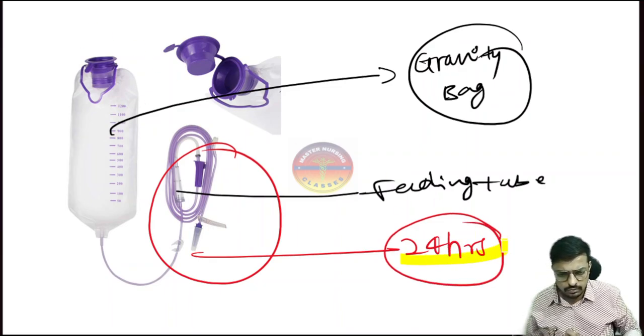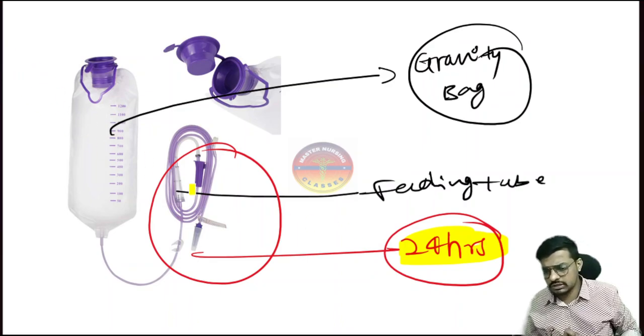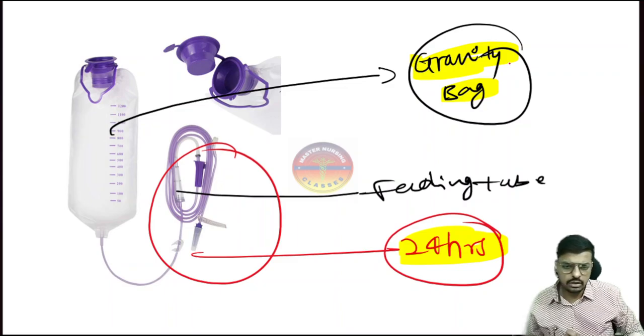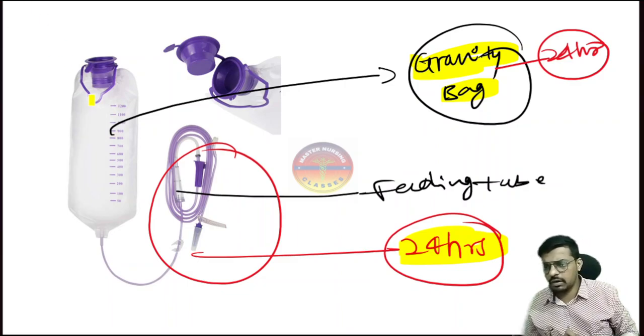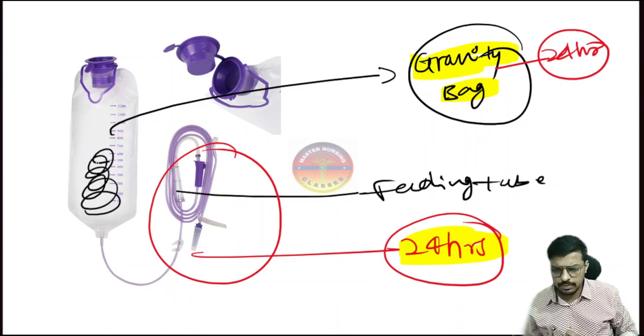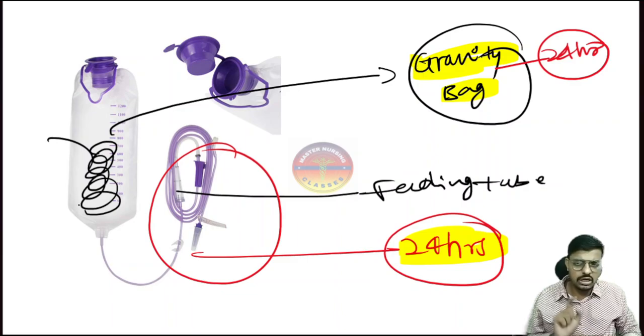Every 24 hours you have to change this feeding tube, and this gravity bag is also used for a duration of 24 hours. The food content to be fed to the patient may be pizza, burger, chocolate, ice cream, whatever it may be.